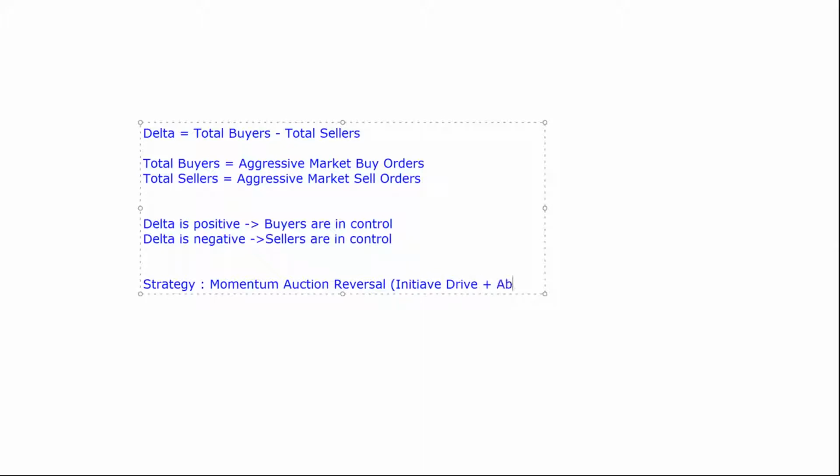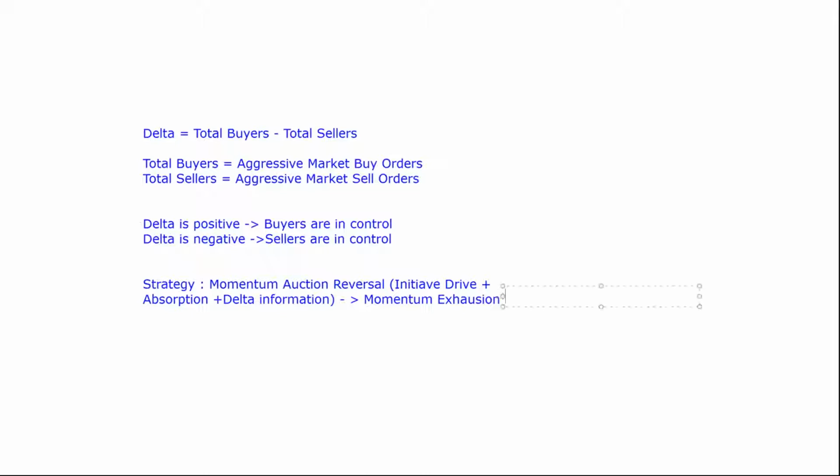Initiative drive will transform into absorption, and at times it also combines with trapped buyers and trapped sellers. So it's where we look into delta information to understand whether momentum exhaustion is happening or not. It's one form where we'll be looking for momentum exhaustion signals. Again, we will look into delta, but the delta flow.